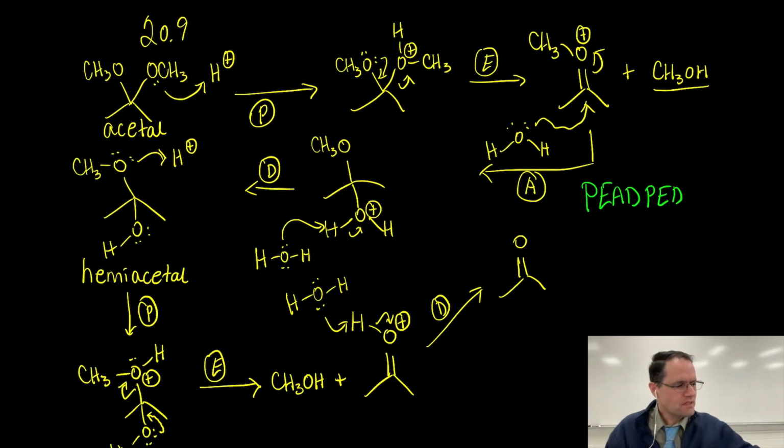The next thing the textbook talks about is the hydrolysis of imines, I believe. I can't really find it there in the book, so we'll talk about it here. I don't remember which mechanism it is, but this is the hydrolysis of imines. Remember again that an imine has this structure here.